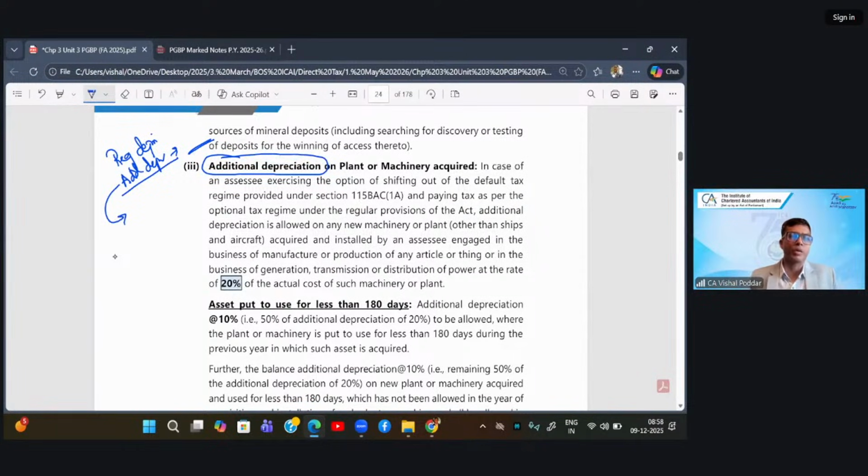But first thing which I would like to clarify, which we saw even today in the format, is that this additional depreciation deduction will be allowed only if you are out of the new regime. That is, if you are opting to pay tax in the old regime, only to them is additional allowed. So regular is allowed to all. Additional, which is the extra depreciation, is allowed only to assessees opting out of the new scheme.